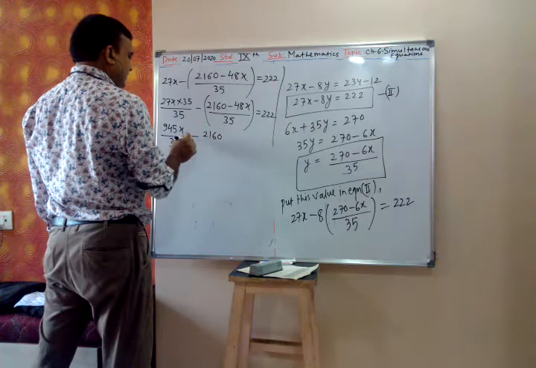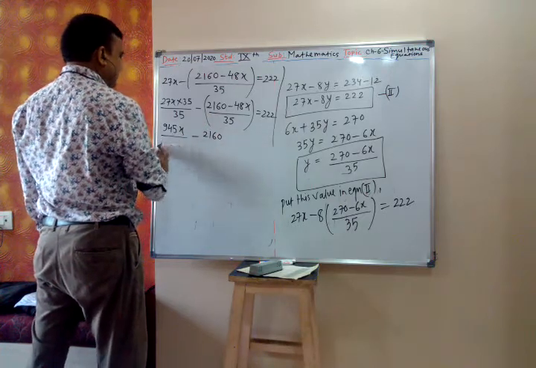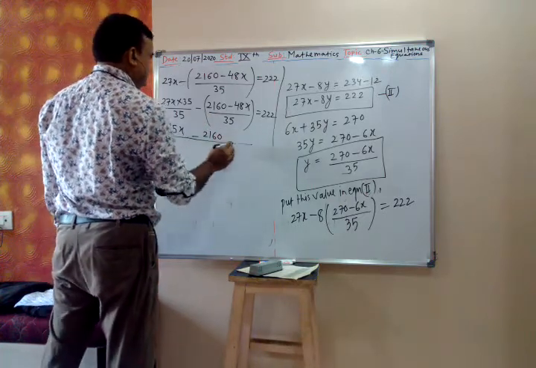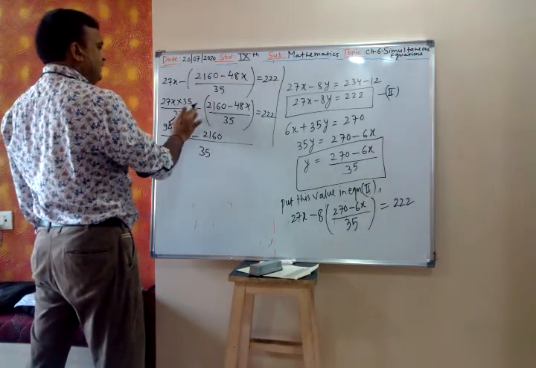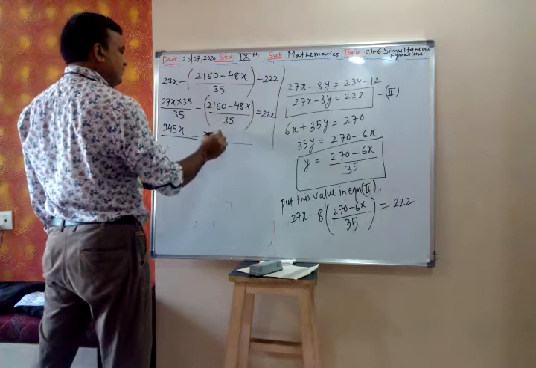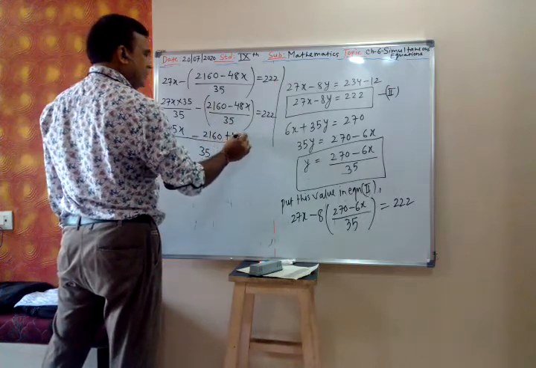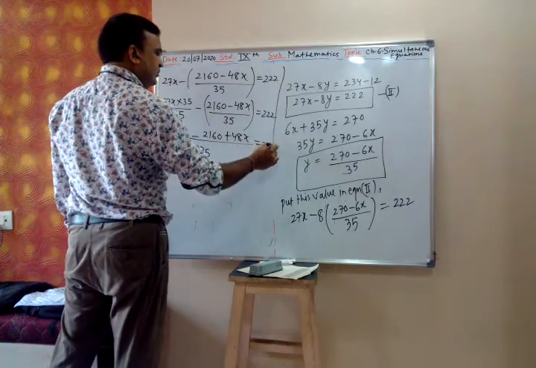Now we open the bracket and take the 35 directly. So this is 945x minus 2160 plus 48x is equal to 222.